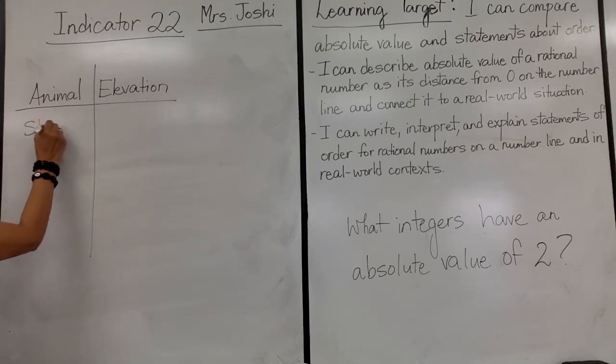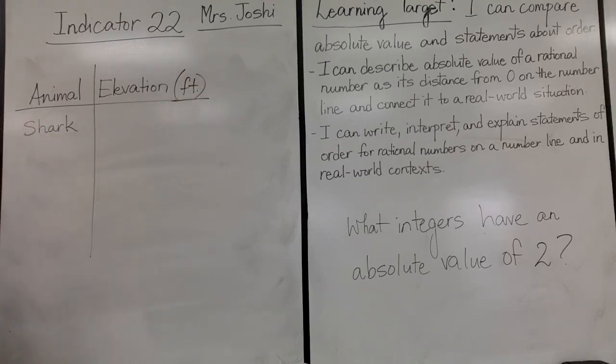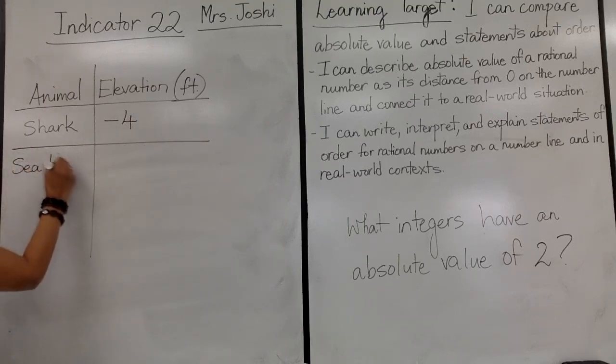So we have shark, and this is going to be in feet. If I say shark is at negative 4 feet, then let me say I give you sea lion, and this is going to be at 5 feet. That means it's above water.